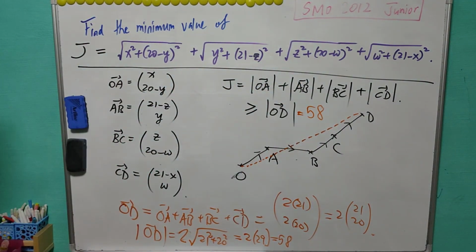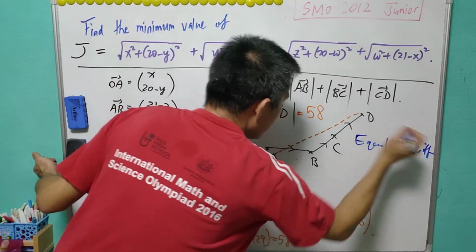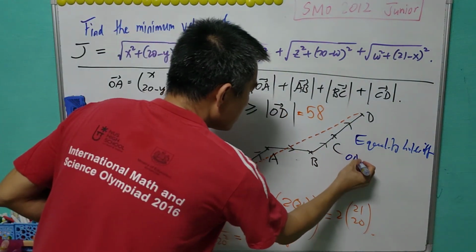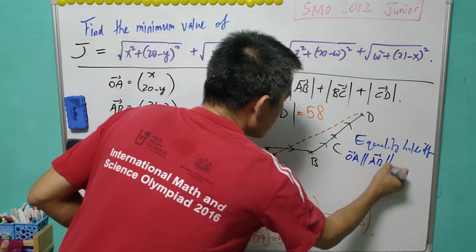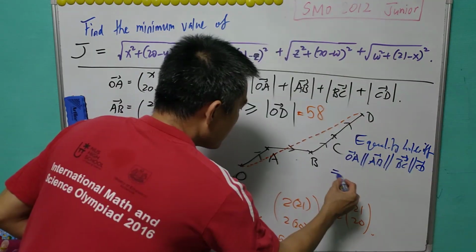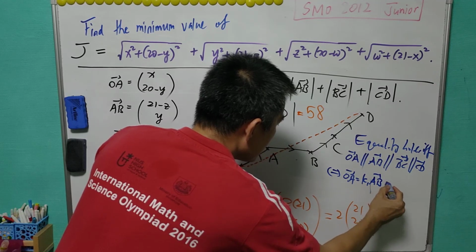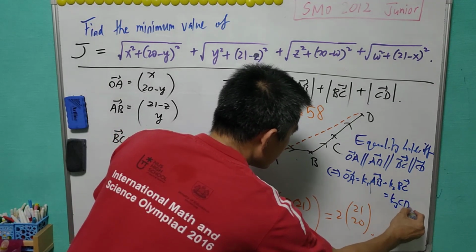For those who follow my video, you know that I always like to consider whether the equality holds. So we know that the equality holds if and only if, in this case, OA has to be parallel to AB and parallel to BC and parallel to CD. And this means that OA is equal to K1 AB equals to K2 BC equals to K3 CD.